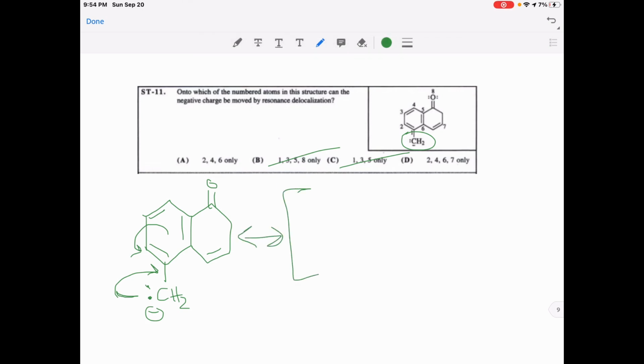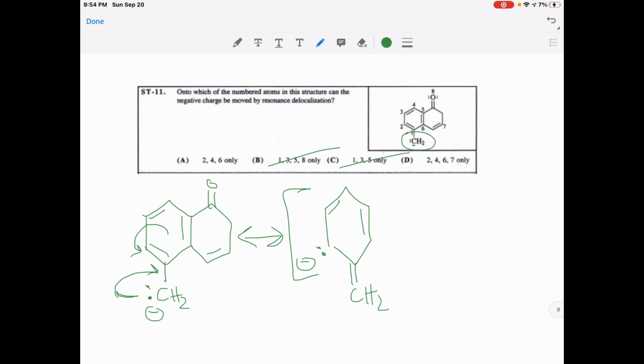Let me just edit this. So once we have added this double bond here, we have an additional pair of electrons here.